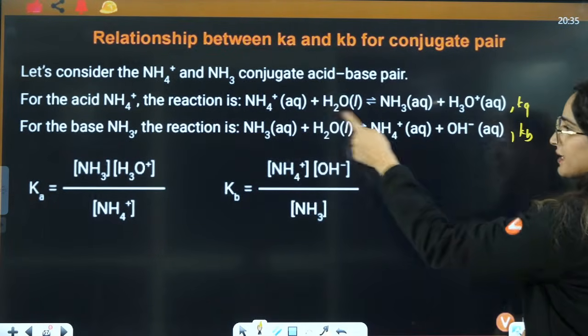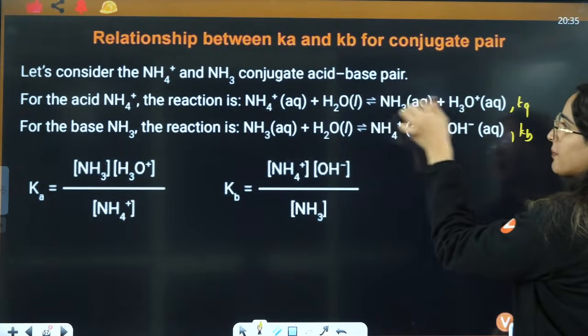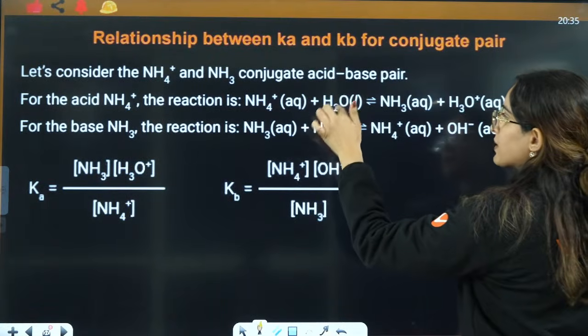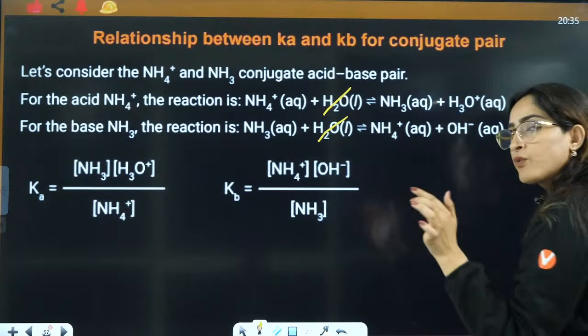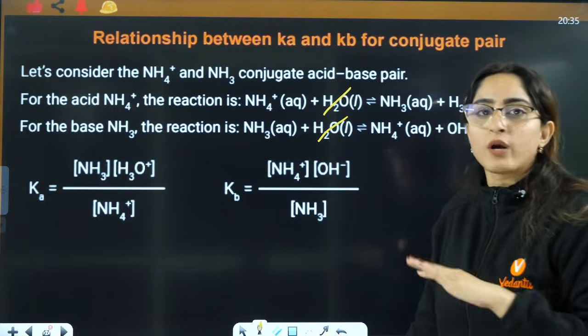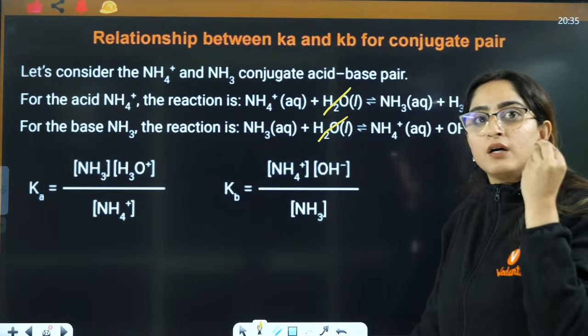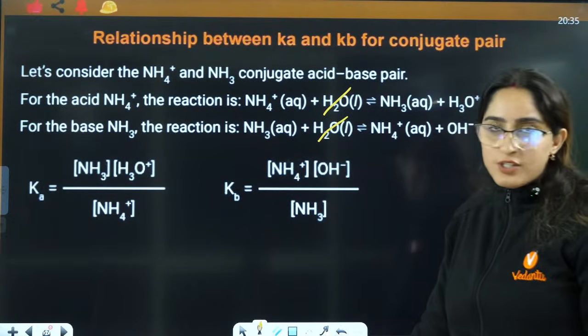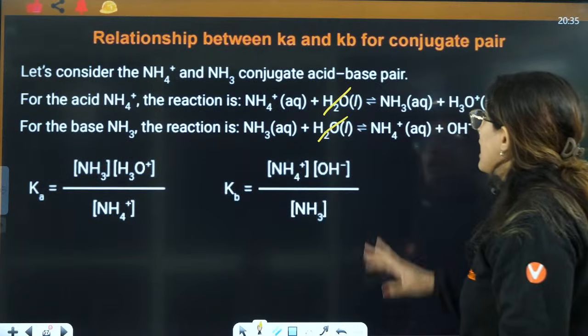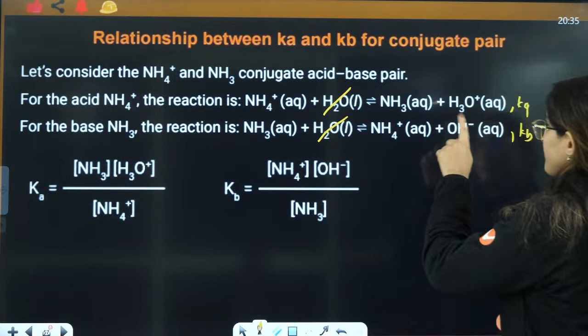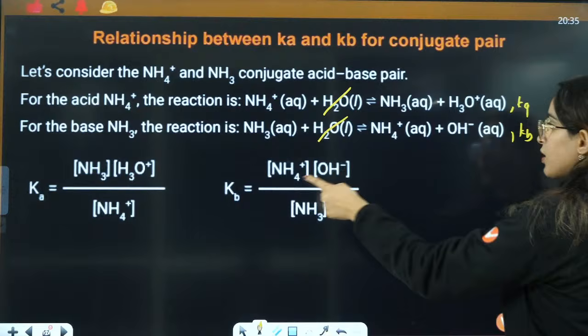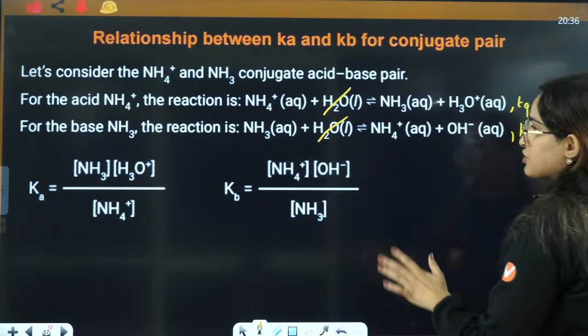Product by reactant, so NH3 hydronium ion divided by NH4 positive, because pure water has unity value in the equilibrium constant, right? This one is product, that is NH4 positive OH negative divided by NH3.